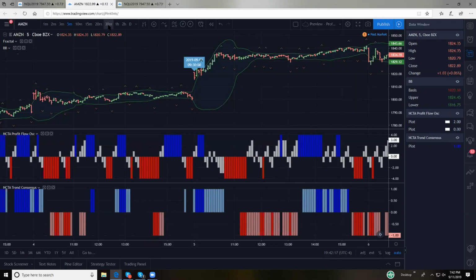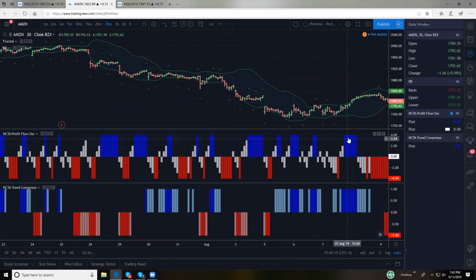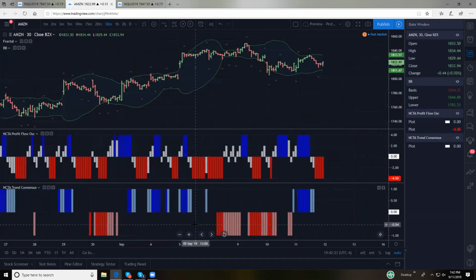So if I go back to my 30-minute and I go back to the 5th, right here at 12:30, at 3:30 in the afternoon, I wouldn't have taken the trade because at 3:30 in the afternoon, my 30-minute chart actually is neutral.